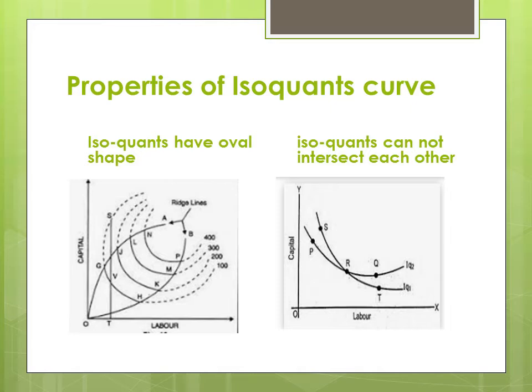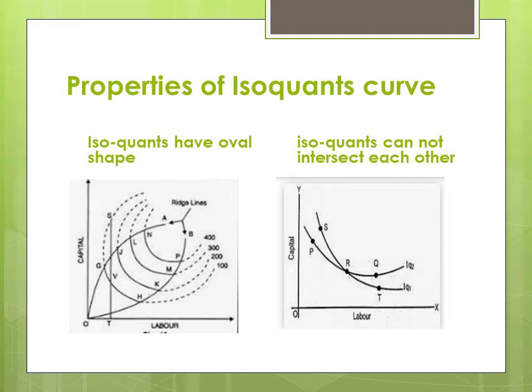On the lower ridge line, the marginal productivity of labor is 0, and on the upper ridge line, the marginal productivity of capital is 0. So the positive slope area is irrelevant and also called the inefficient techniques area or uneconomic region, and this area is not feasible for production.